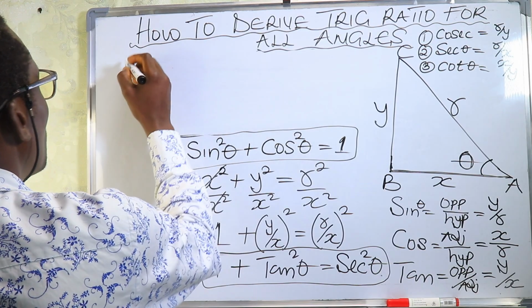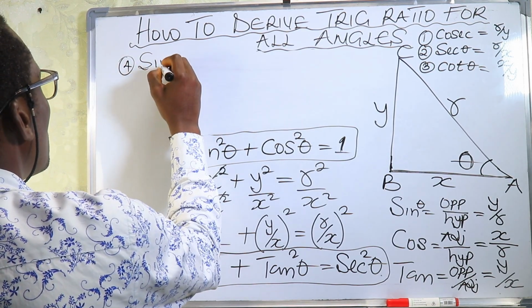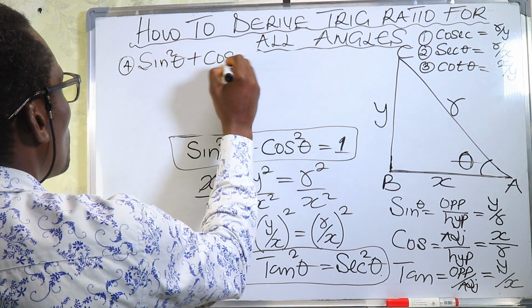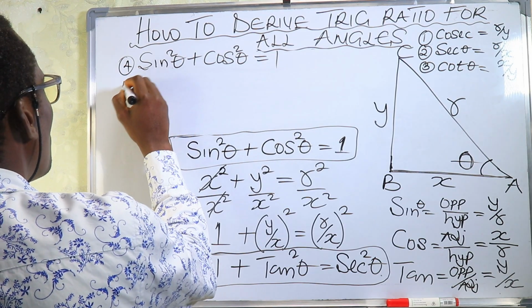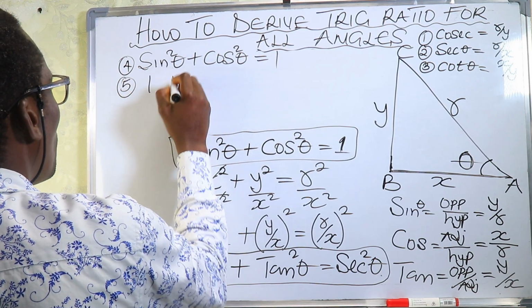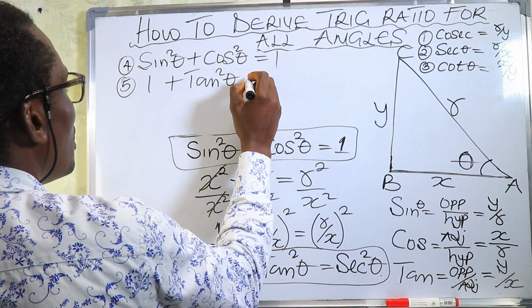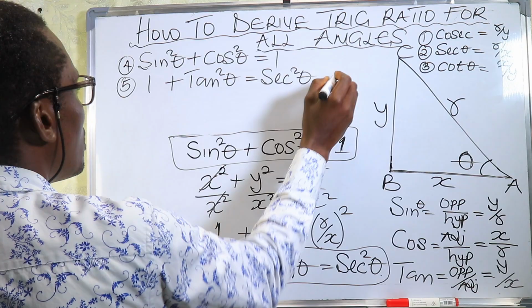Now we don derive the other one, 4 sine wetin? Sine square theta plus cos square theta dey equal to 1. And 5 we don derive say 1 plus tan square theta dey equal to sec square theta.